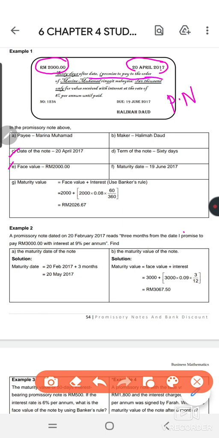So kadang-kadang dia tulis dekat sini 2000 only. So this one is face value, and then date of the note 20 April.